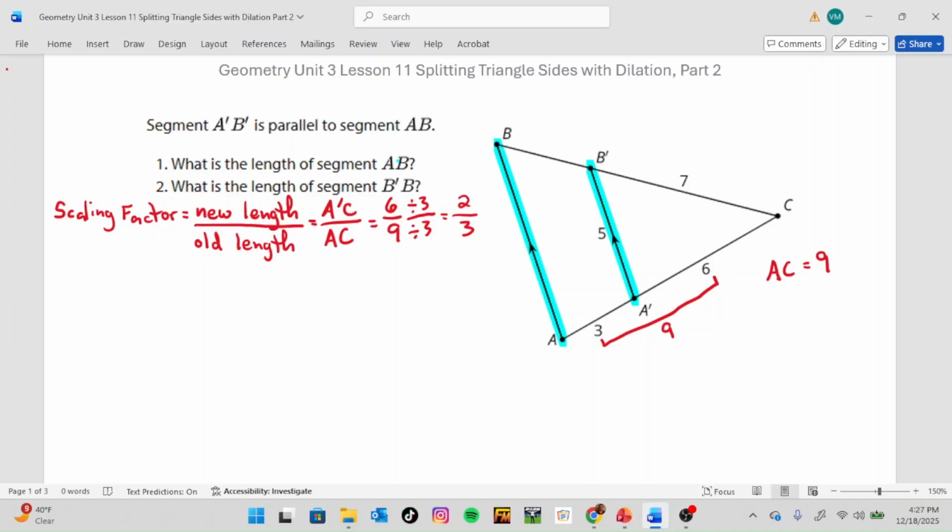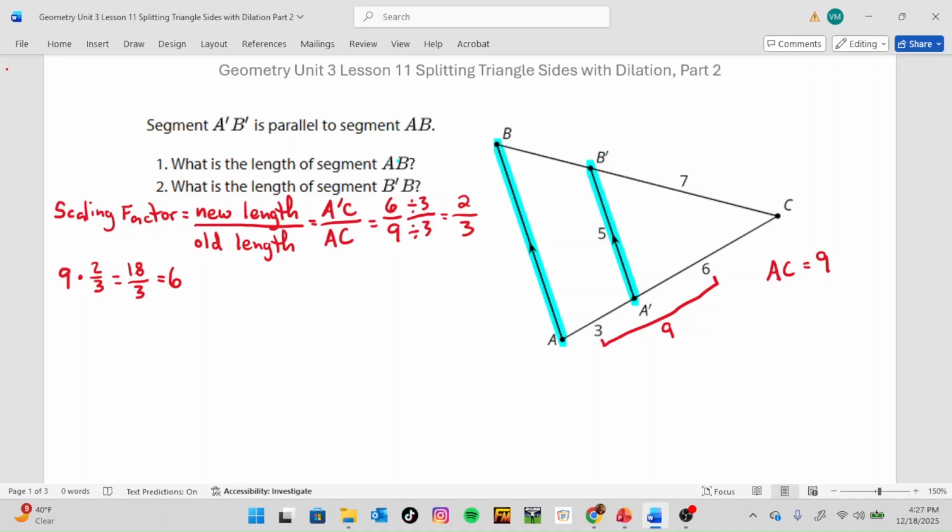So our scaling factor is going to be 2/3. Originally, we took that 9 and multiplied it by 2/3 to get 18/3, which is 6. So we can see that this works.